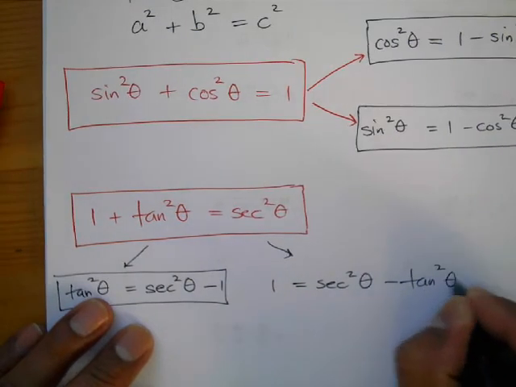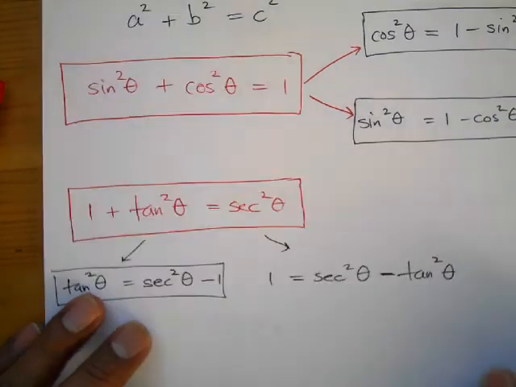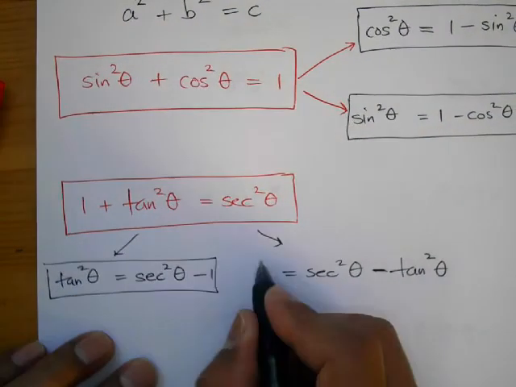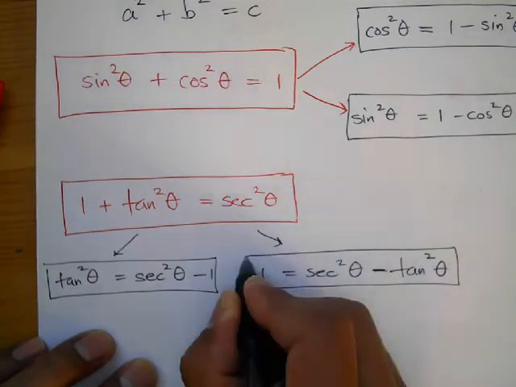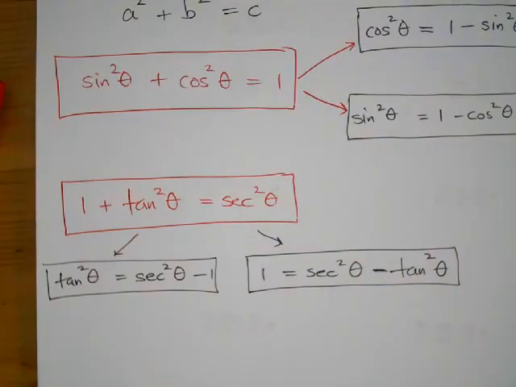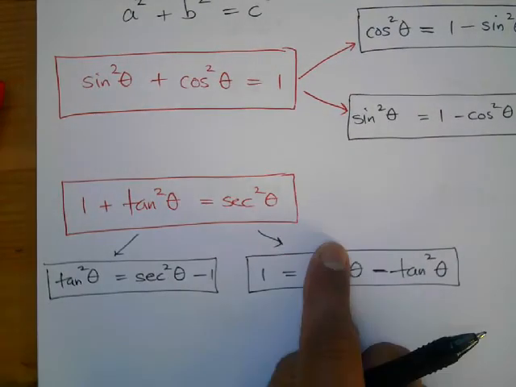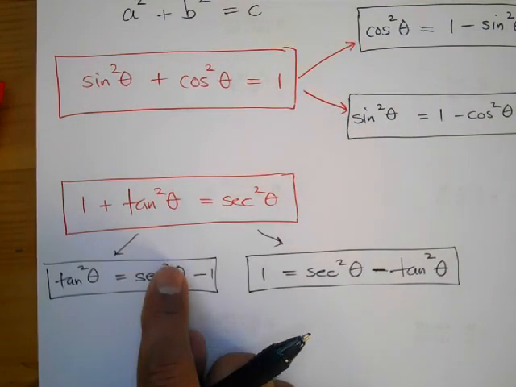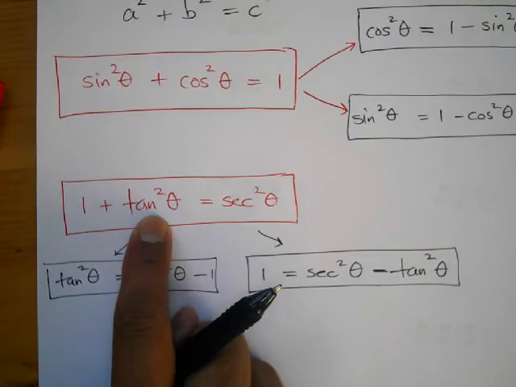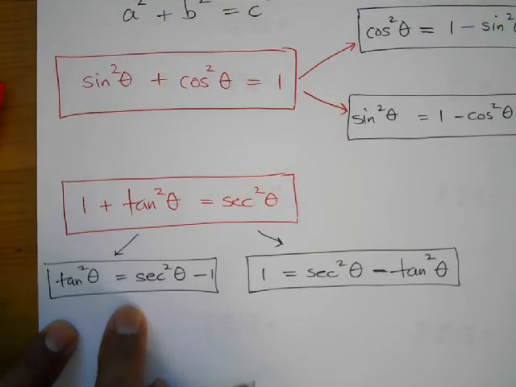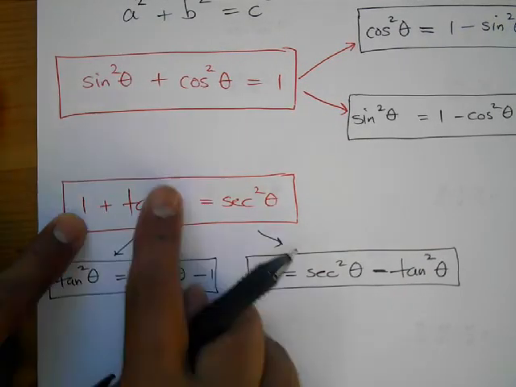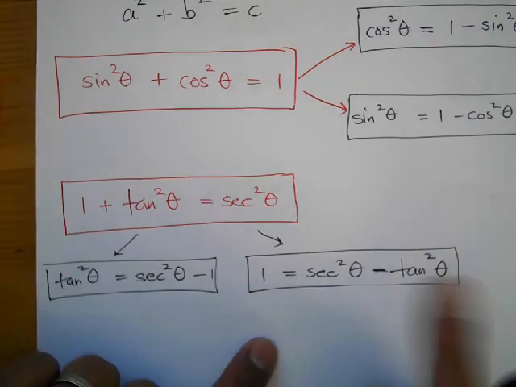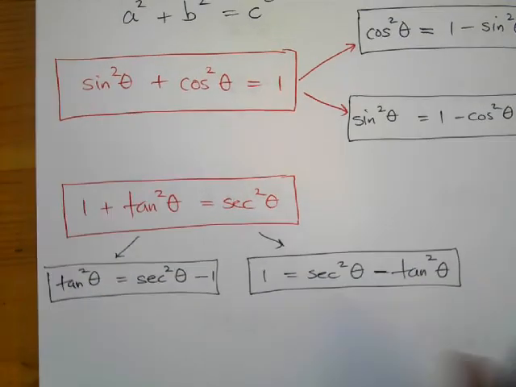This is a plus, but when you move it over, it's minus tangent squared. So again, is this 3 formulas? No. It's the same one, but you can rewrite it. If you leave the tangent squared here and move this over, you get this one. If you leave the 1 here and move the tangent squared over, you get this.